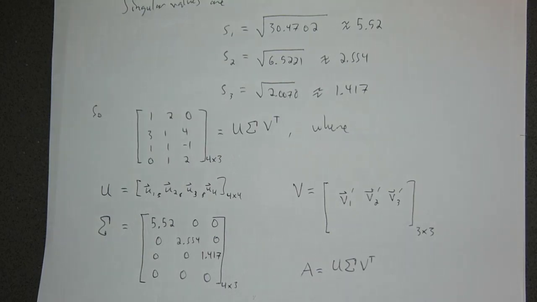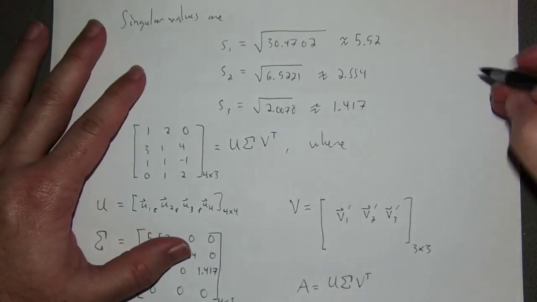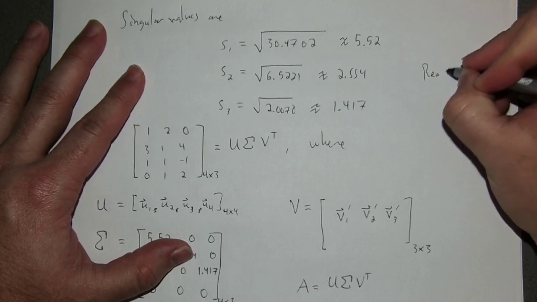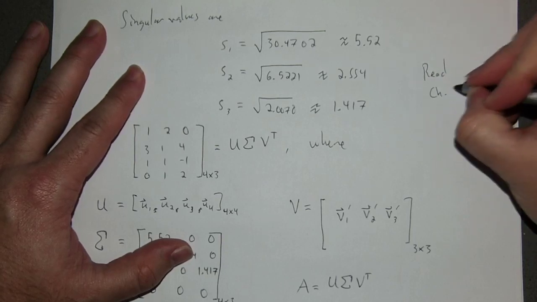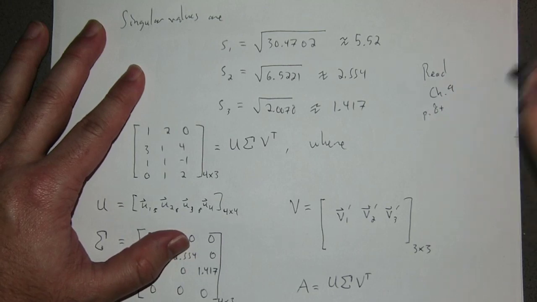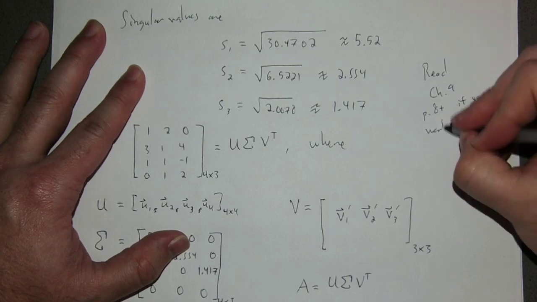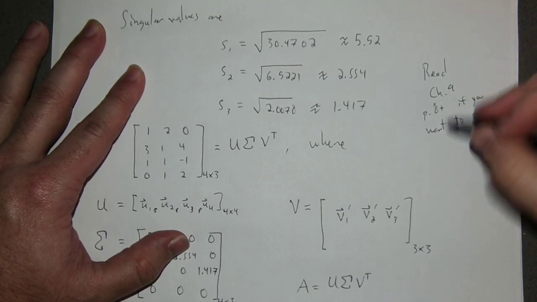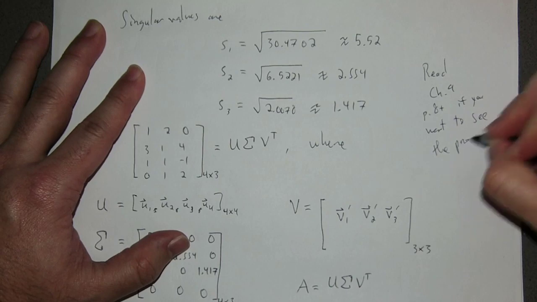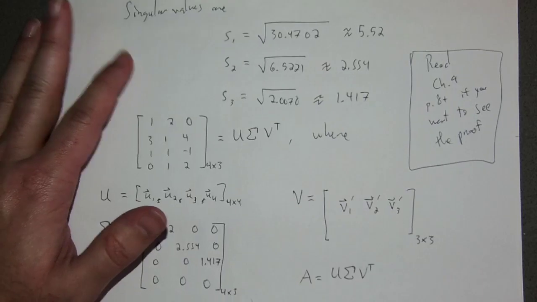Now, if you're interested in the actual formal justification for this stuff, you can read the notes. So read chapter 9, pages 8 plus, if you want to see the proof of this justification, or of this breakdown.